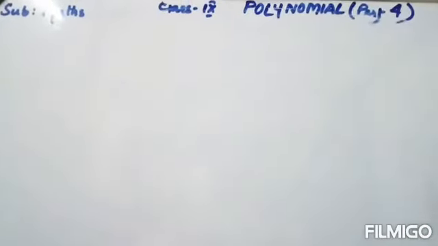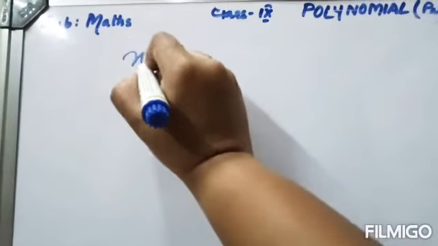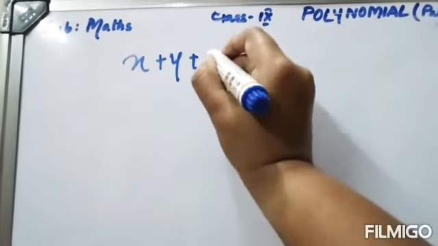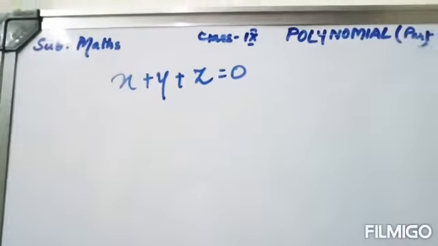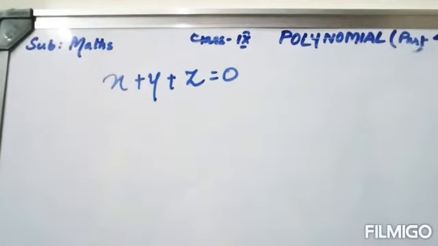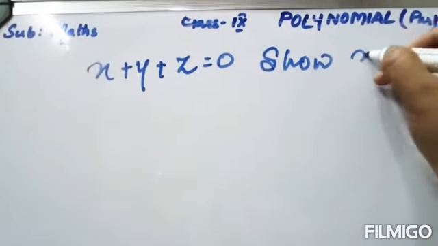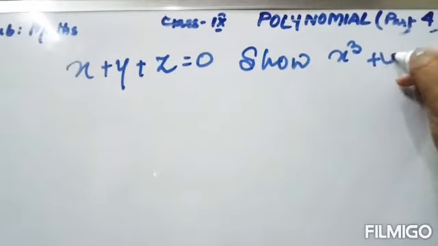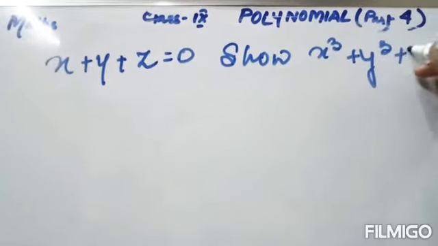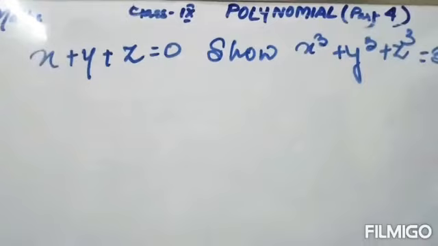Now suppose one sum is given that x plus y plus z is given as 0, and your work is to show that x cube plus y cube plus z cube is equal to 3xyz.